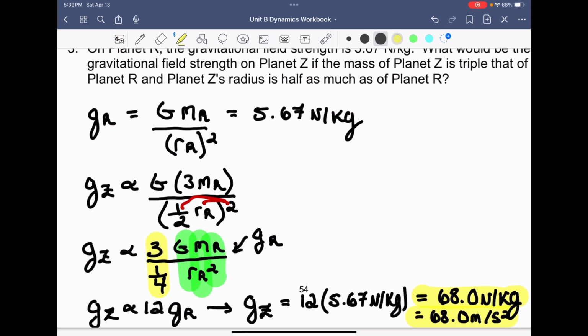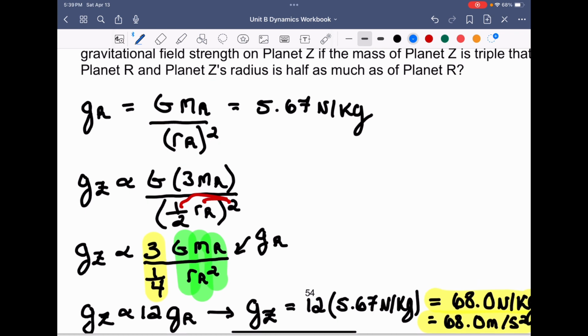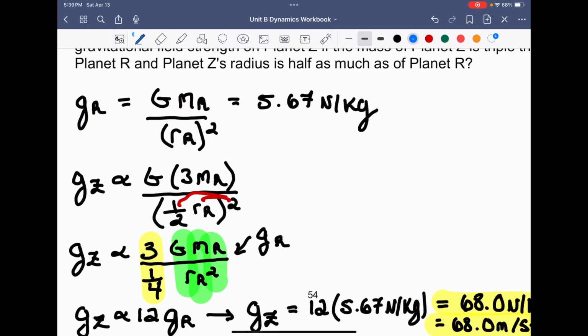Now again, to show this just like we did in lesson 17 in a slightly easier way, and a way that you could do on any sort of assessment and would be equally as marked, is this. Instead of saying gz is proportional to and including the variables, you can do the following. gz is proportional to 3 times the original mass divided by 1/2 the original mass, all multiplied by this original gr.